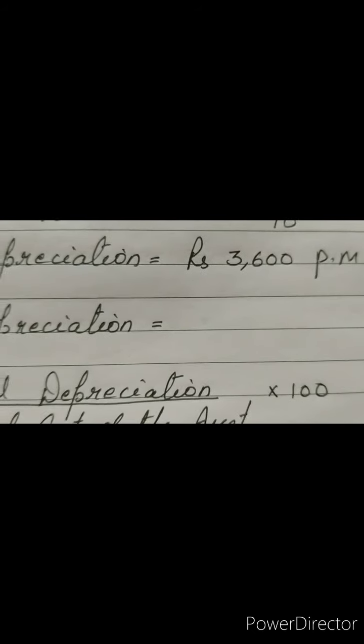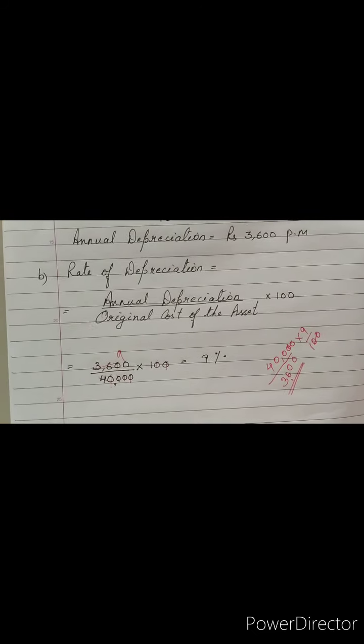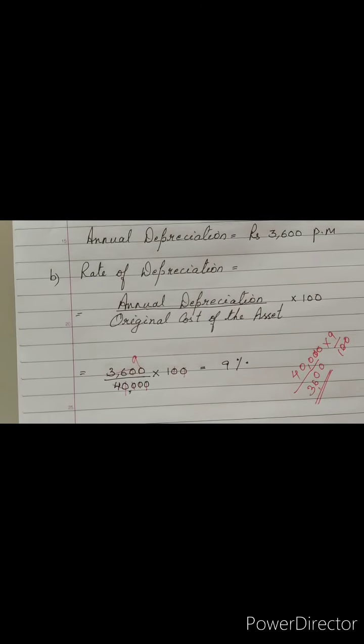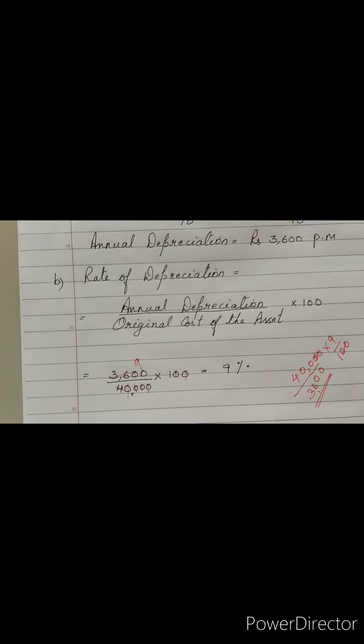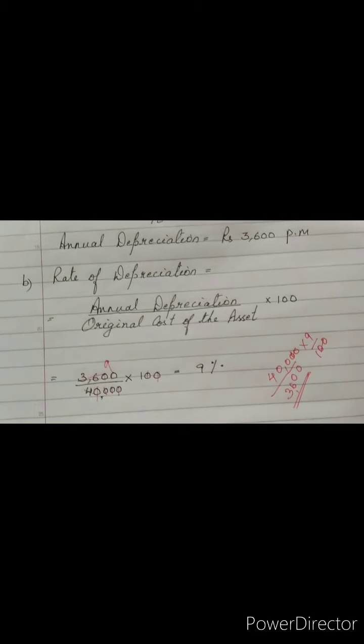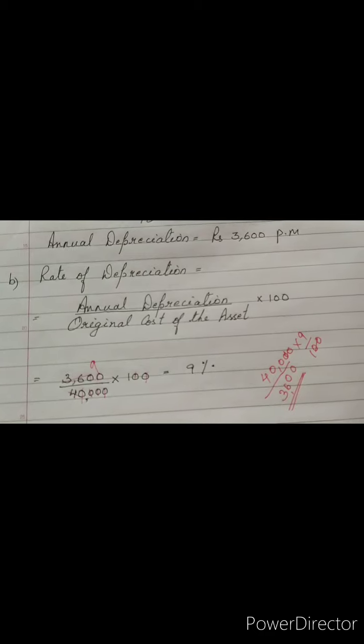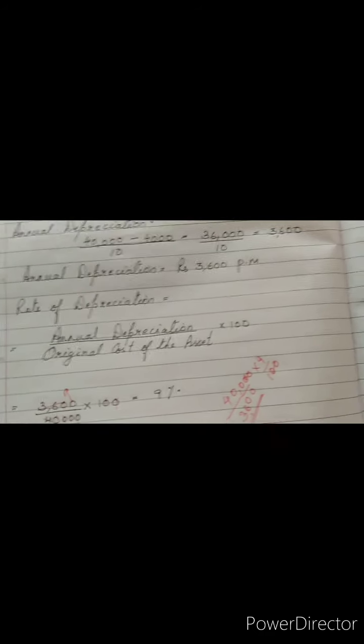And as per the formula, you have to multiply it by 100. So 3,600 divided by 40,000 into 100, you'll get 9 as the answer. Because we are calculating the rate, you'll put the percentage symbol there. So rate of depreciation, you got 9%. So 9% on 40,000, if you calculate, your answer will be 3,600.